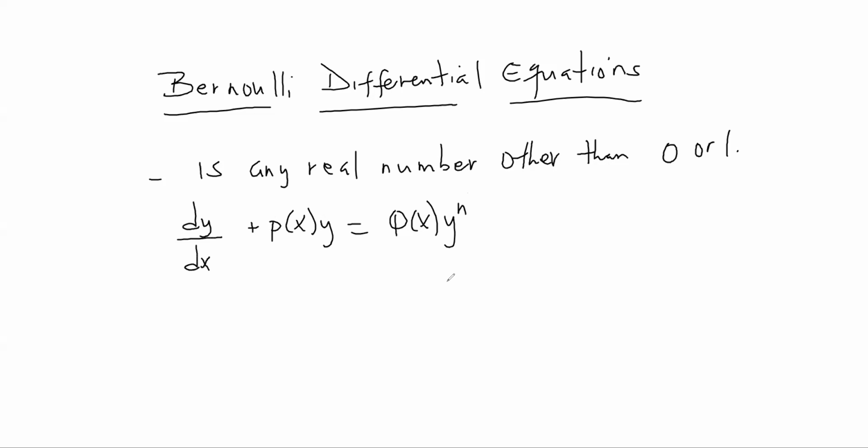So in case we have, for our question A, we have y prime plus 1 over x times y is equal to 1 over y. Okay, so what I'm going to do, I'm going to erase all and rewrite the equation.